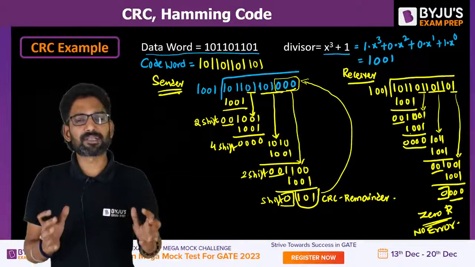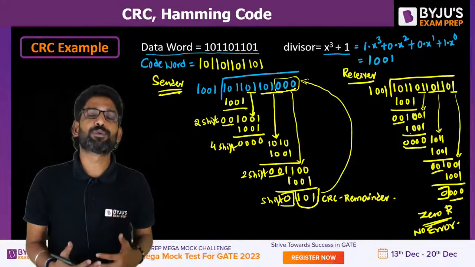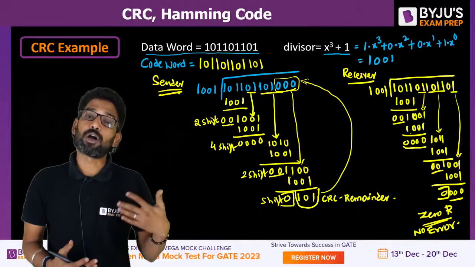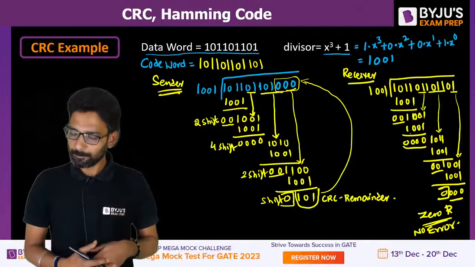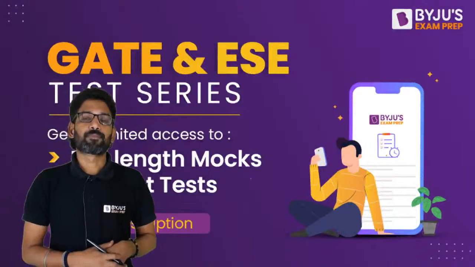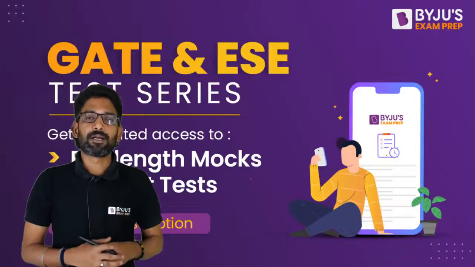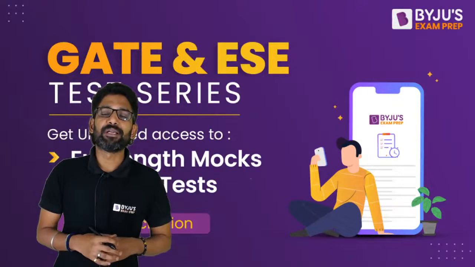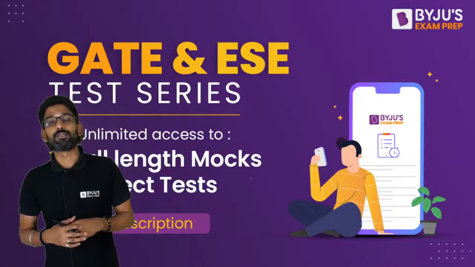Like this, we have certain conditions to be able to detect even number of bit errors and odd number of bit errors, right? Okay.